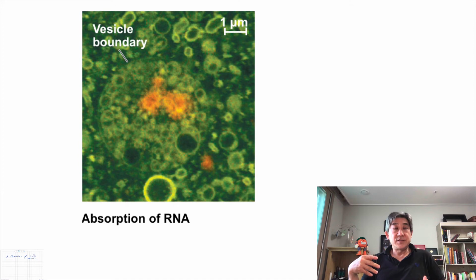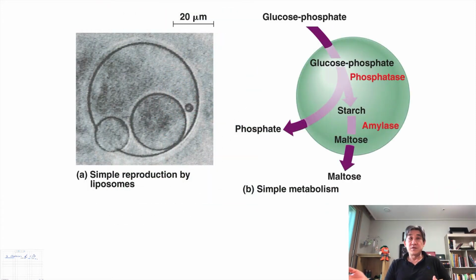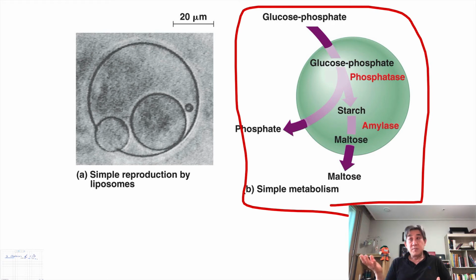Okay? So like this, RNA absorbing a synthetic cell membrane like structure was also made at some time, and also some specific pre-cell inside of which even a simple metabolic process was observed taking place spontaneously.